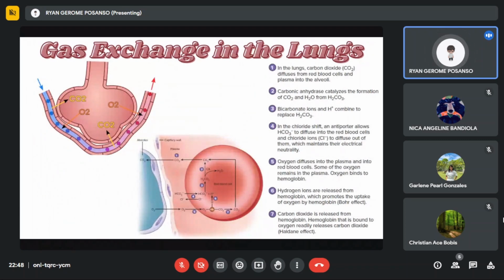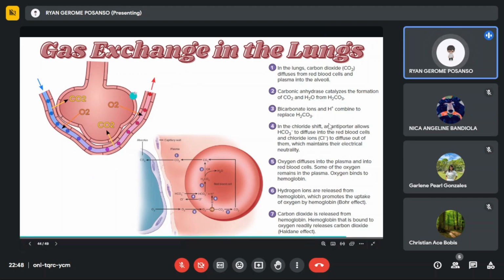Next is the gas exchange in the lungs. As we inhale, air travels through the nose or mouth, down the trachea, and into smaller tubes called the bronchi. These bronchi further divide into even smaller tubes called bronchioles, which ultimately end in tiny air sacs called the alveoli.